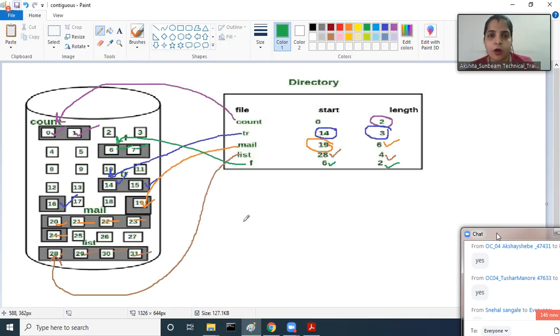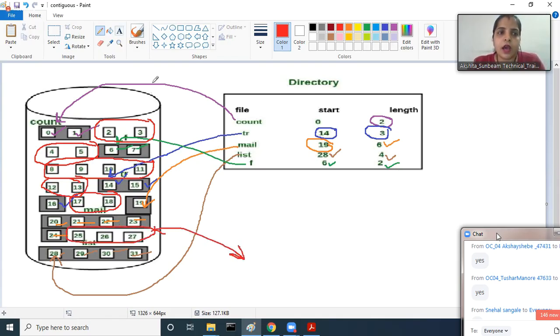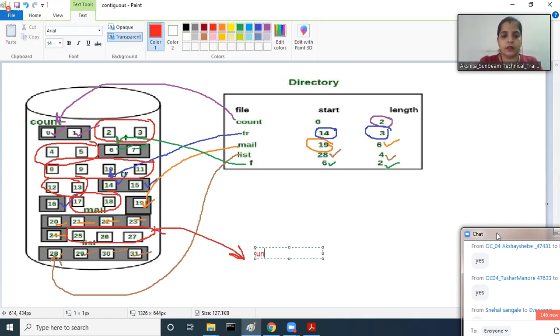But in case of contiguous disk allocation, can I say here block number 2, 3, 4 and 5, again in between 8, 9, 10, 11, 12 and 13, 17 and 18 and 25, 26, 27, all these are unused blocks within main memory.